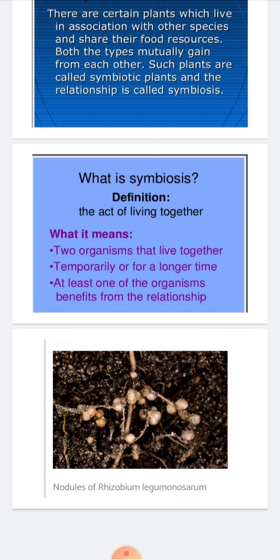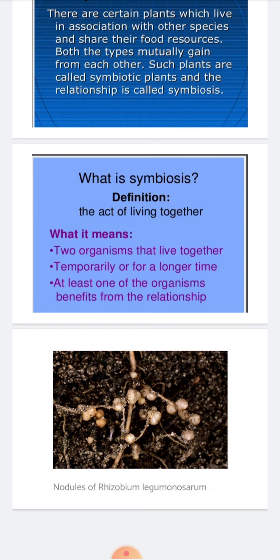And here there is a picture given. This is a leguminous plant, for example pea plant, and there are some nodules you can see under the soil. On these nodules, one bacteria named Rhizobium lives. So there is a symbiotic relationship between Rhizobium bacteria and leguminous plant.